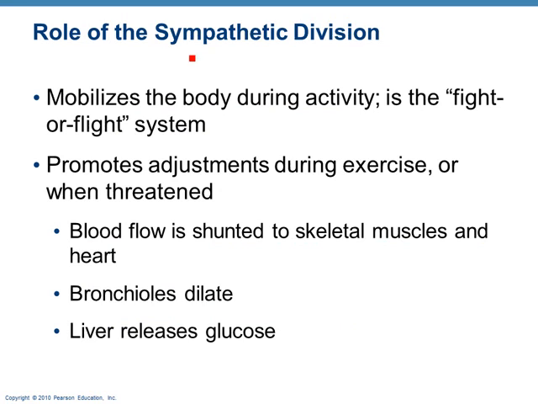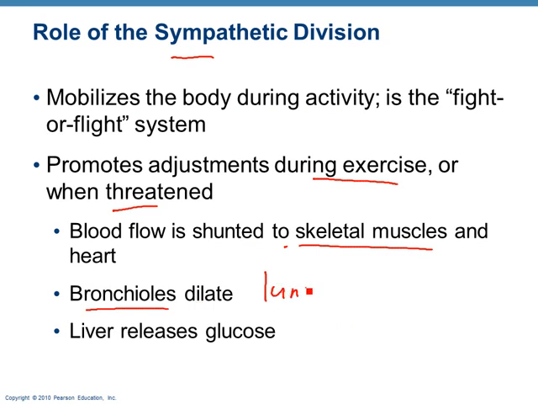Sympathetic mobilizes our body when we need activity, the fight or flight. We use it when we're exercising or when we feel threatened. We shunt blood from the digestive system to the skeletal muscles so that they can do their job. We will dilate the bronchioles. You remember that from Unit 1? Bronchioles are in the lungs.